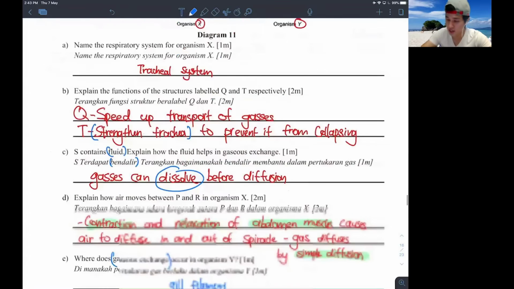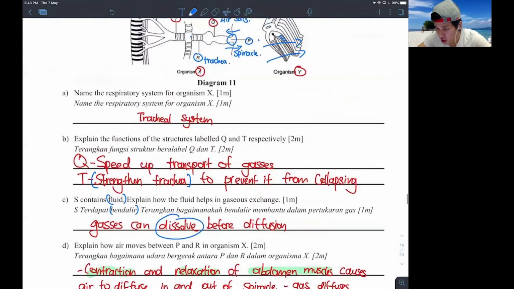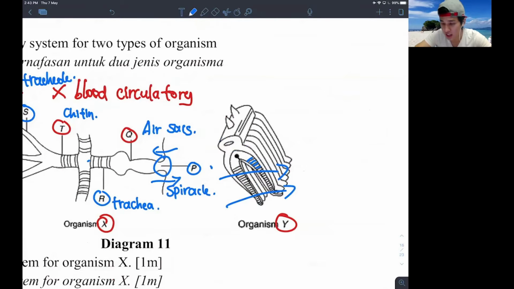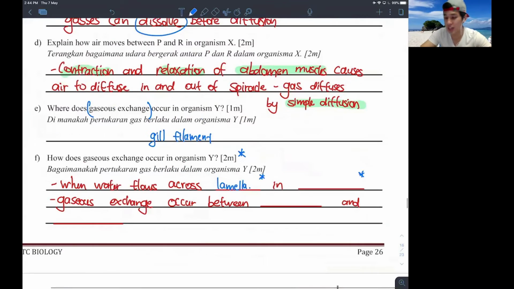Okay, yes, flows across the lamella. So lamella is all these horizontal structures that is found inside the gill filament. So when water flows across lamella in gill filament, gases exchange will occur between water and who?